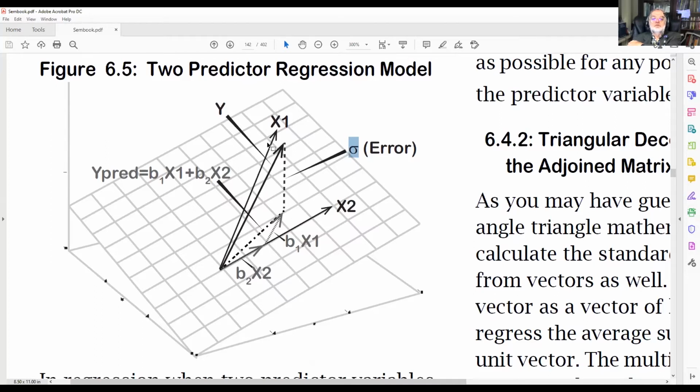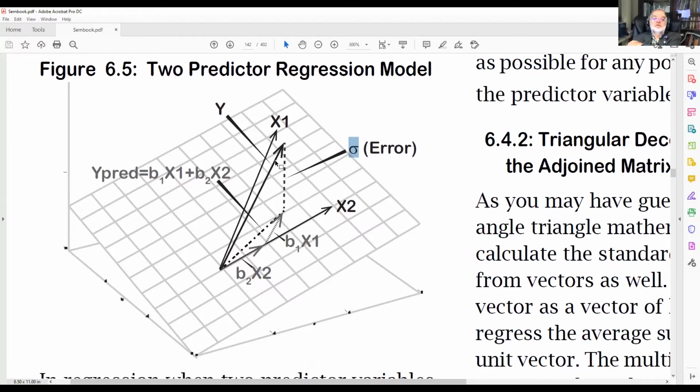The angle between x1 and x2, if I just look at this pointed arrow and this pointed arrow, is the correlation between x1 and x2. And the angle between x2 and y, that would be the angle here, is the correlation between x2 and y.